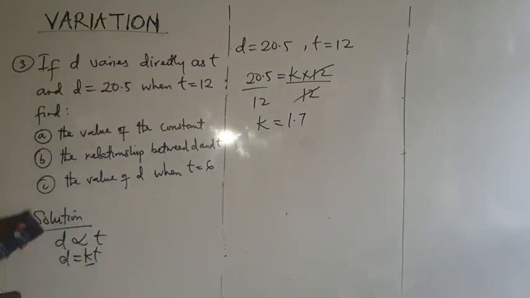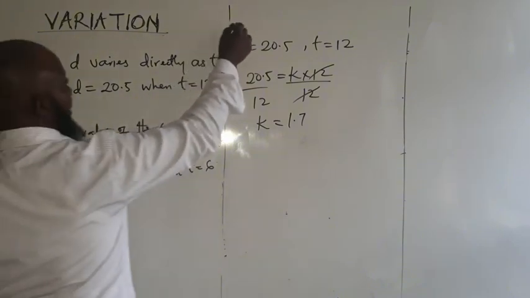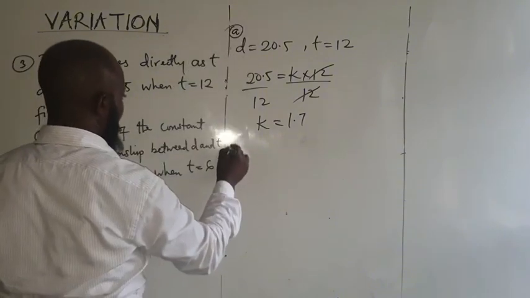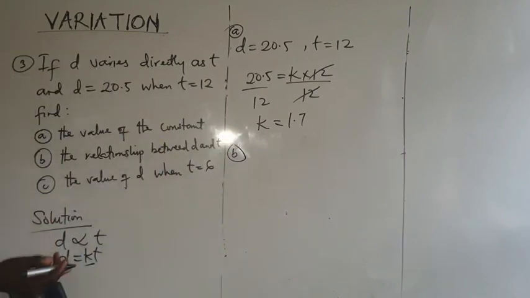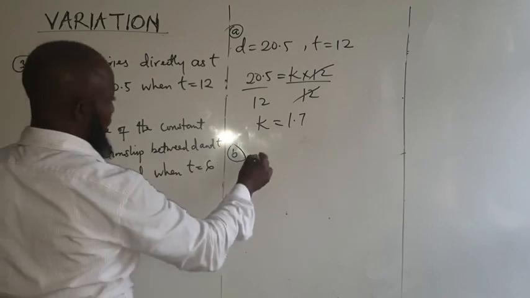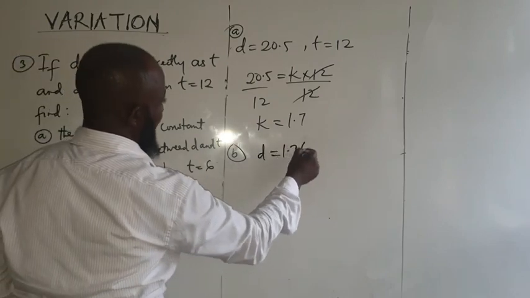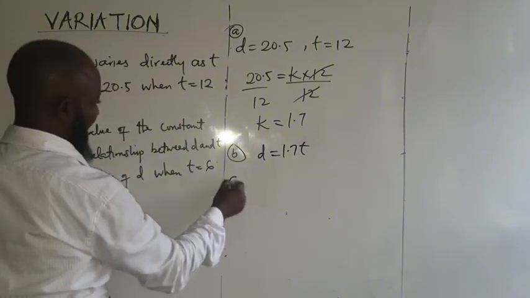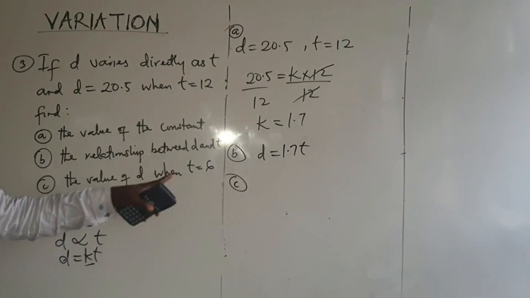So the value of the constant that we found is K equals 1.7. This is A. Then B, find the relationship. We just put the value of K here. That will be D equals 1.7T. For C, the value of D when T equals 6.